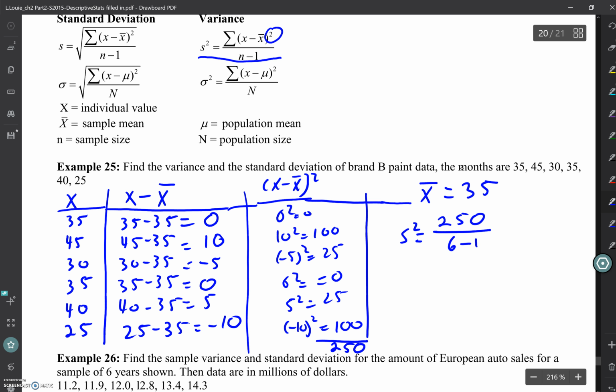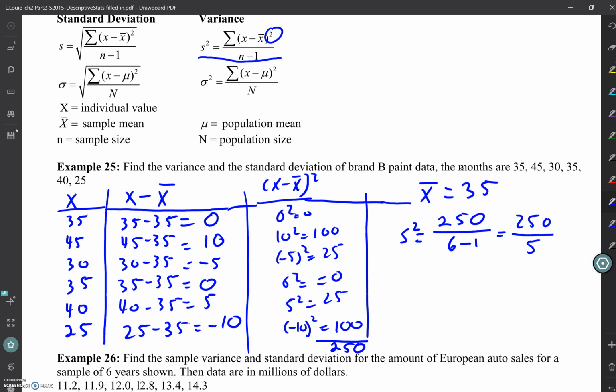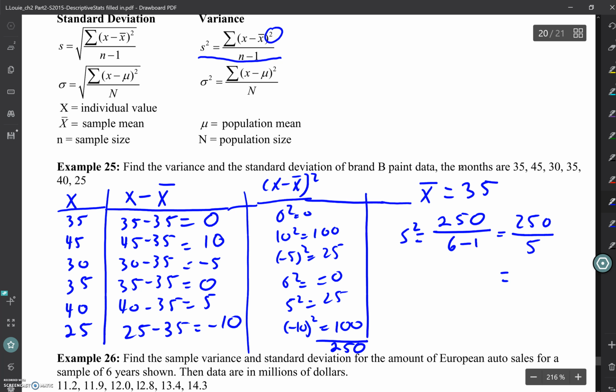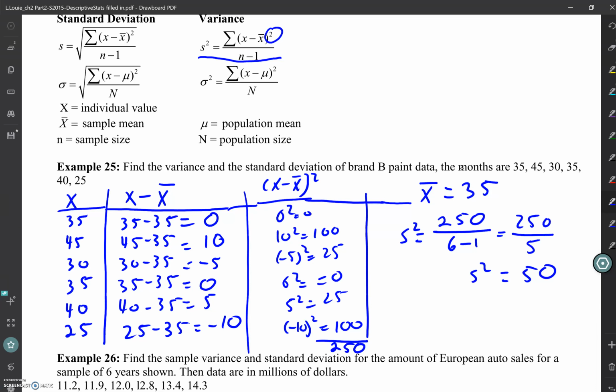So 6 minus 1. So 250 divided by 5. What does that give us? 50? All right. Now that's my variance.